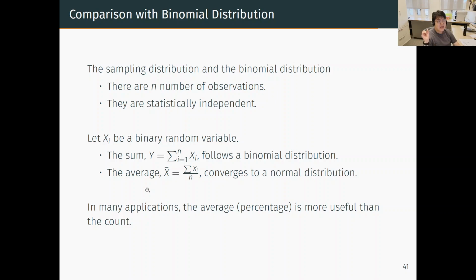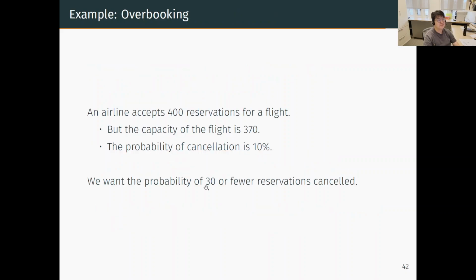In some cases, the average is more useful, and in some cases, you are looking at the sum. But also, the average and the sum are pretty much the same thing, because it is only whether you divide by n or not. If you know the sum, then you can simply divide by n and get the average. So they are also pretty close to each other.